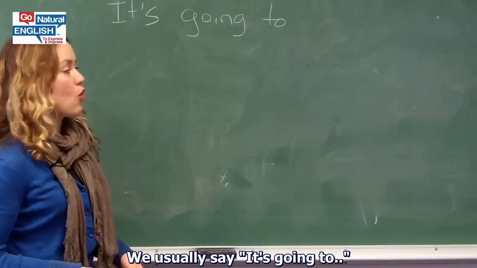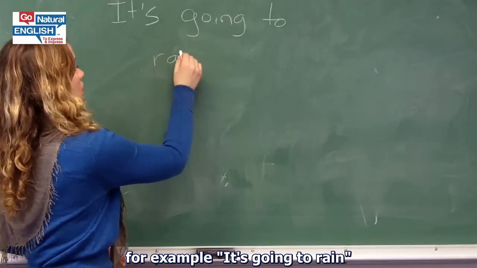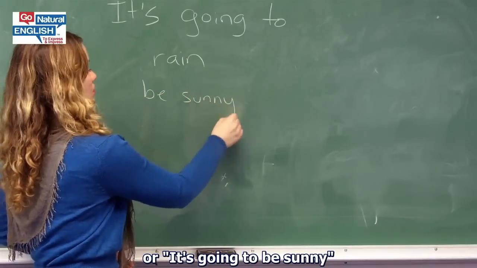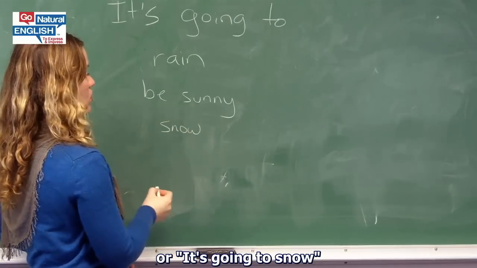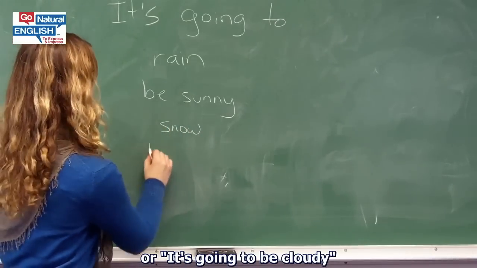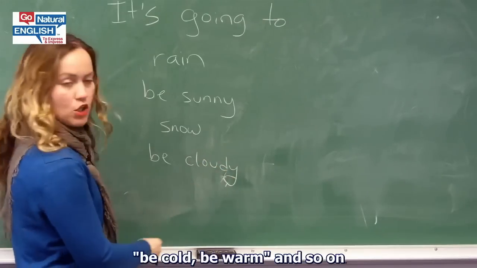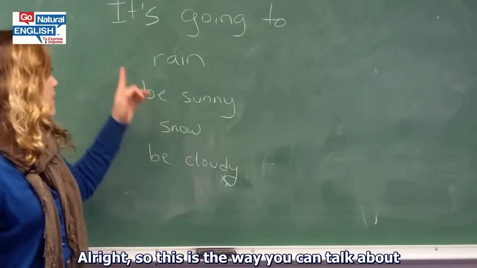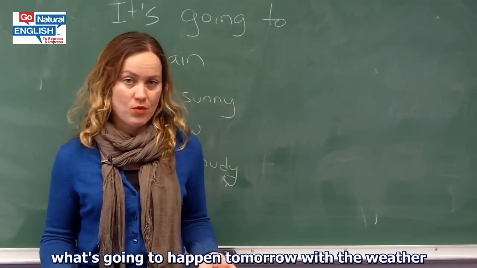We usually say it's going to, for example, it's going to rain, or it's going to be sunny, or it's going to snow, or it's going to be cloudy, be cold, be warm, and so on. All right, so this is a way you can talk about what's going to happen tomorrow with the weather.